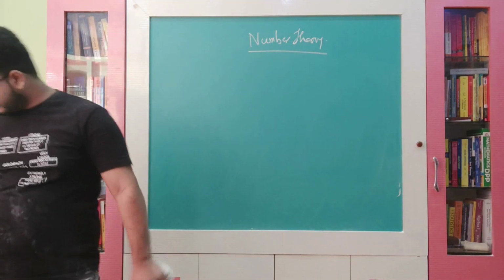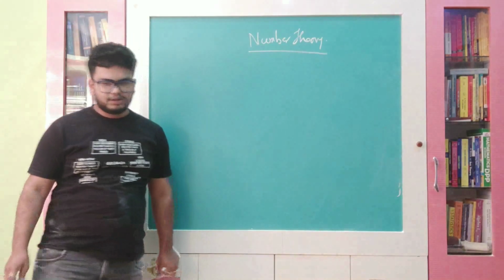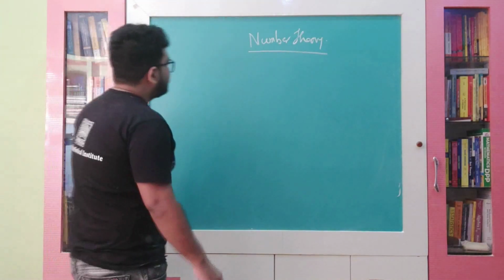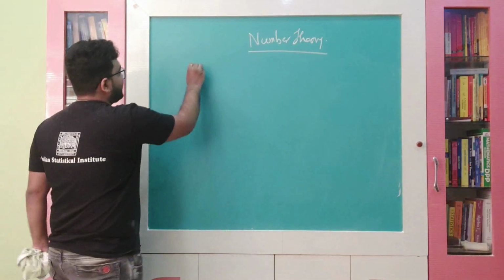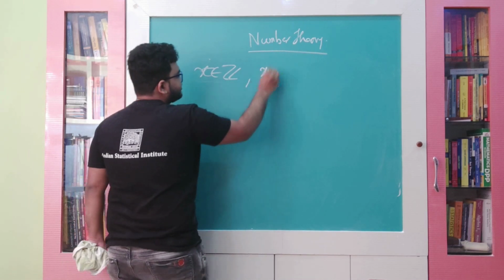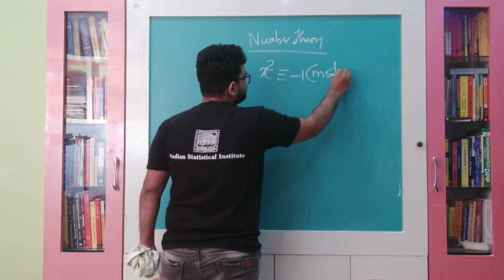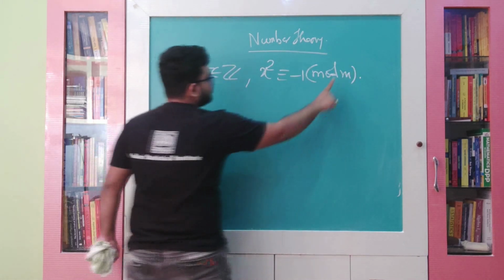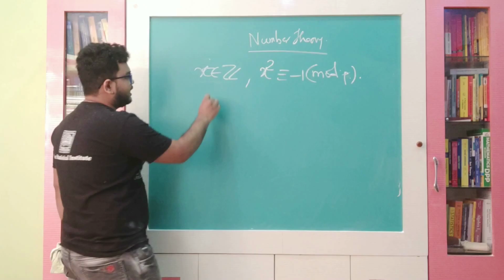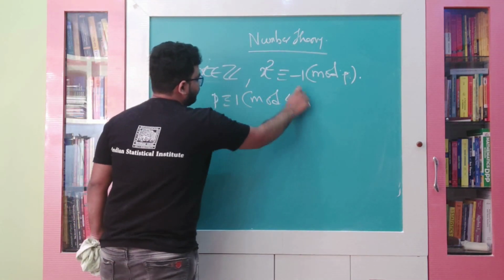Now, Wilson's theorem is done. What is it? Now, if x is an integer and x square is congruent to minus 1 mod p, for p prime, then p is congruent to 1 modulo 4.